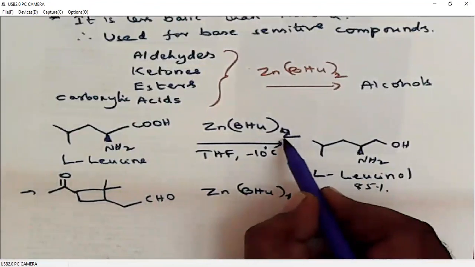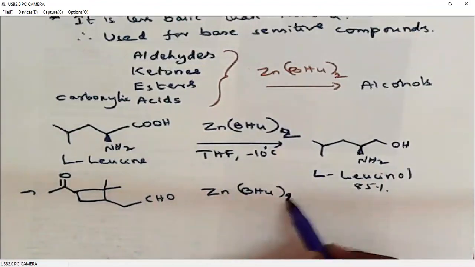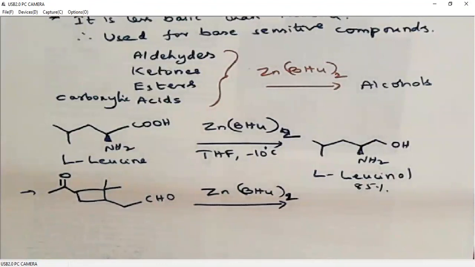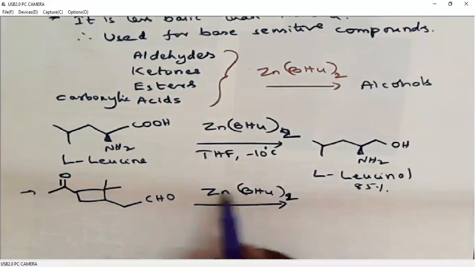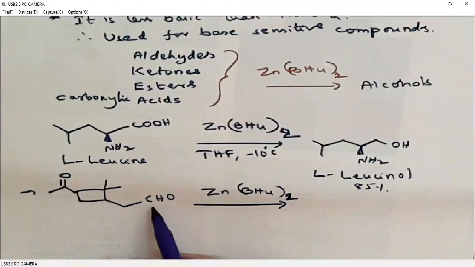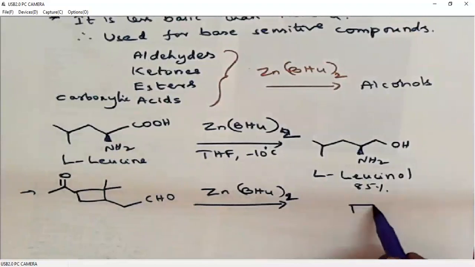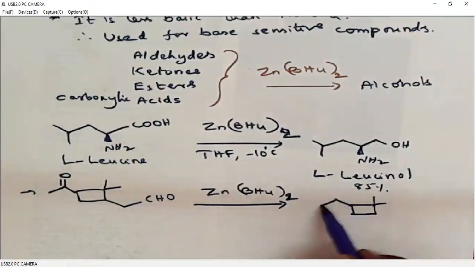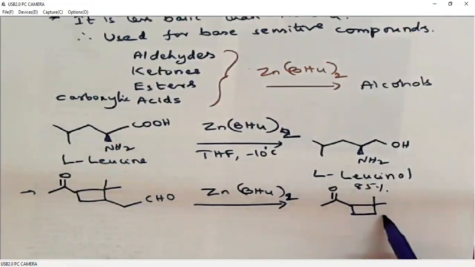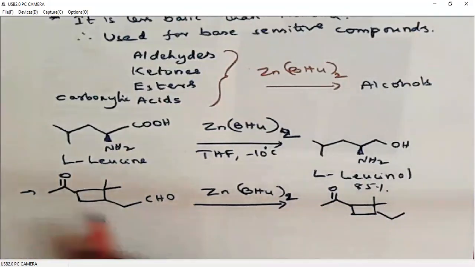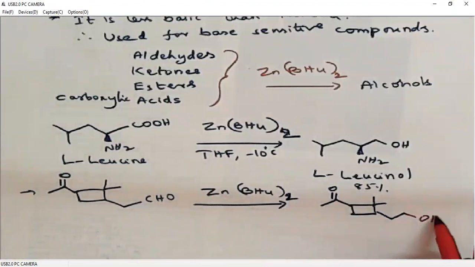Please make a correction, this is 2. When we use the amount of zinc borohydride which is just enough for the reduction of the aldehyde, we can differentiate between aldehyde and ketone. In this case, the more reactive aldehyde will undergo reduction, whereas the ketone will not be disturbed.